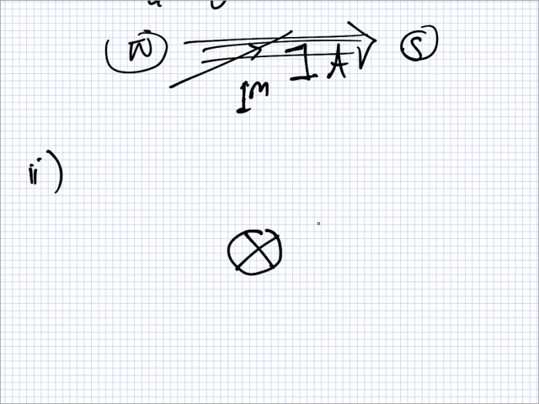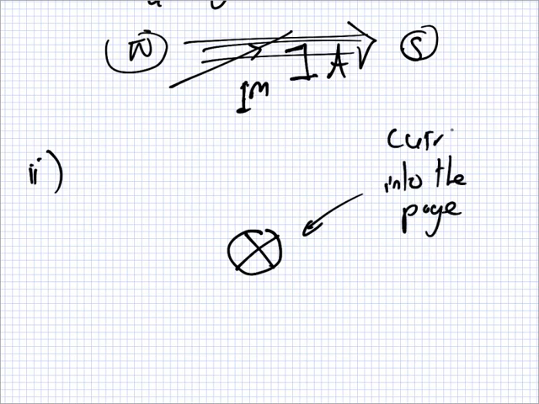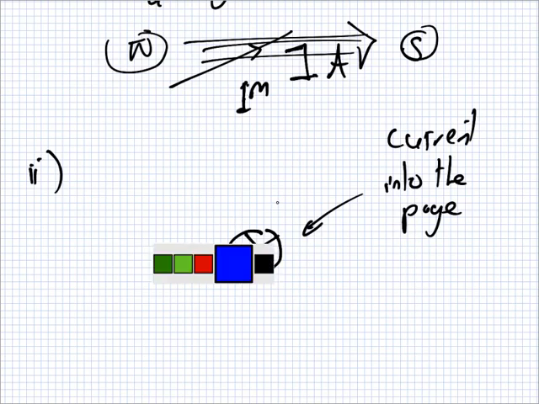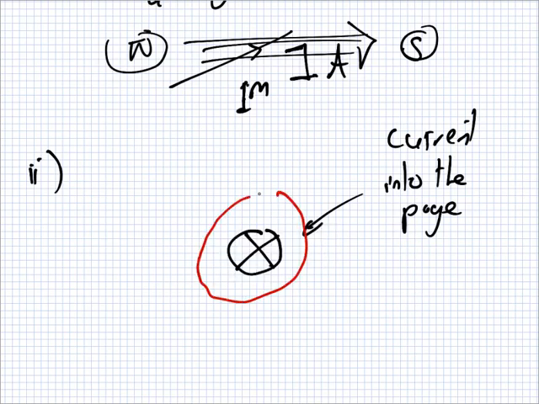Let's say this is going into the page, the current. So which rule do we use here? Do you remember? Right. There's a right-hand rule. If this is the current, then the magnetic field is going this way around. So on my picture, my magnetic field is going this way. Yeah. And then this is the field here.